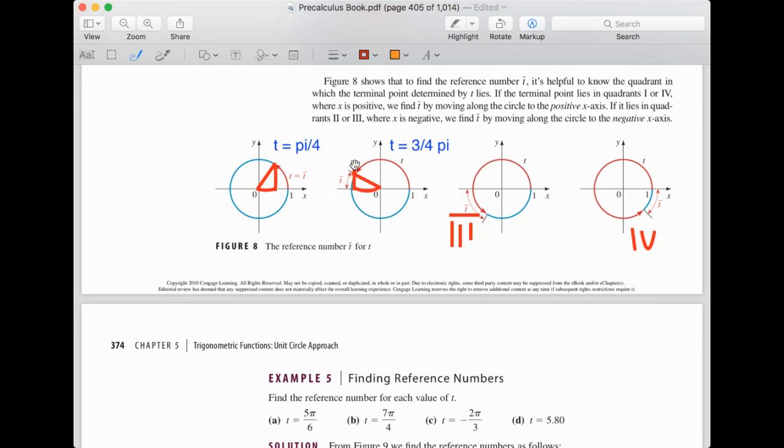Similarly, here I can connect those two points and drop a line to the x-axis, a perpendicular line, which means it makes a 90 degree angle with the x-axis. Then I have this triangle to work with.